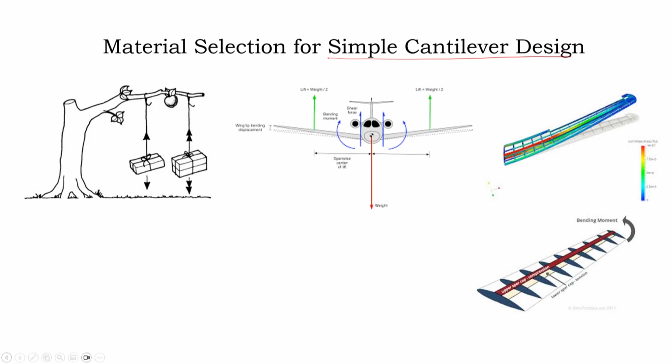You can imagine a cantilever to be the branch of a tree like this, which is hanging some load. You can put some load from that branch, and then this essentially behaves like a cantilever beam. Now, you look around, you would see there are many examples of such cantilevers all over around us in the form of products.